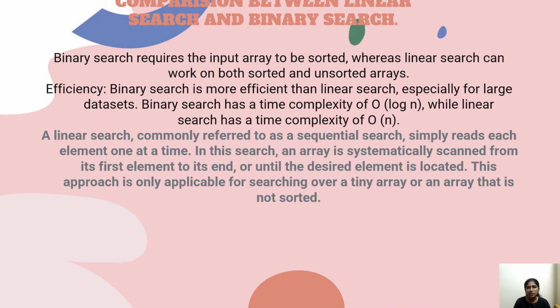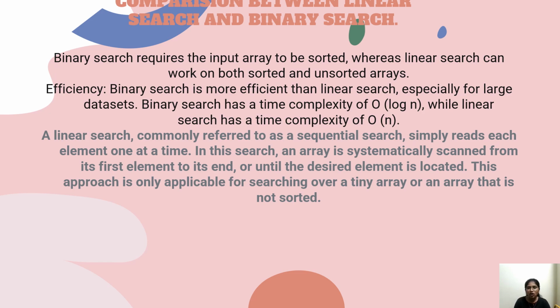Our next topic is the comparison between linear search and binary search. Binary search requires the input array to be sorted, whereas linear search can work on both sorted and unsorted arrays. Efficiency: binary search is more efficient than linear search, especially for large data sets. Binary search has a time complexity of O(log n), while linear search has a time complexity of O(n).